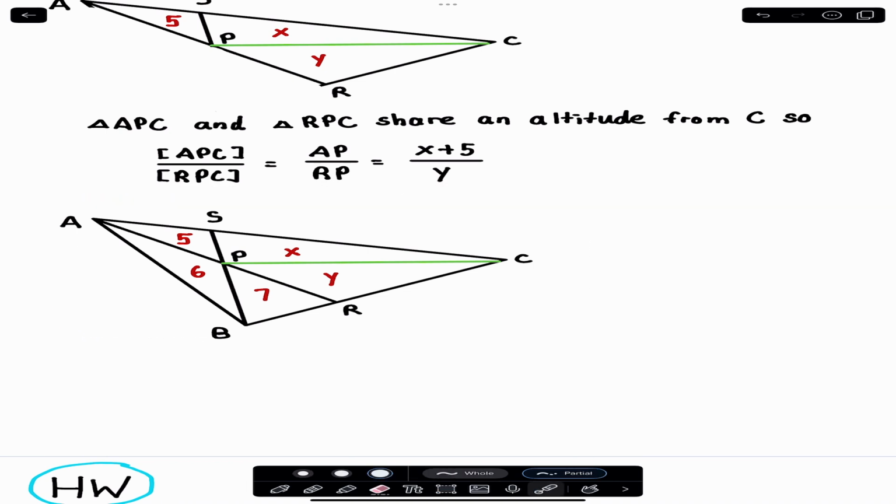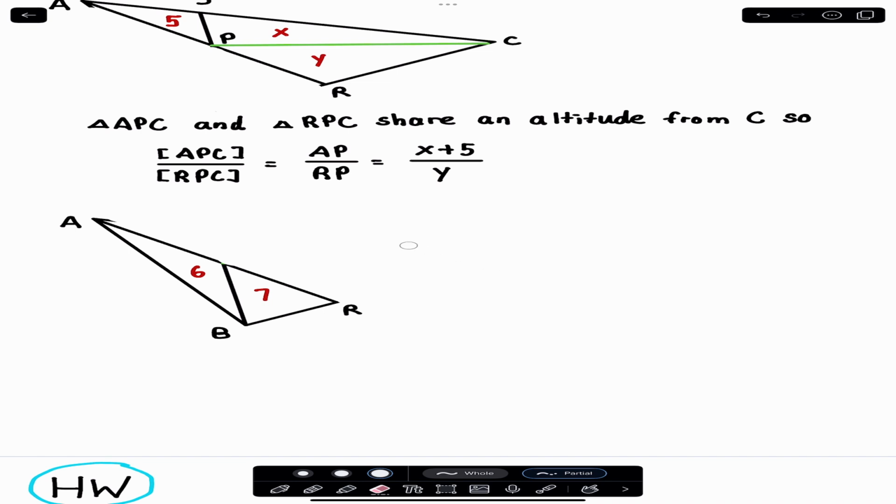To relate AP and RP, maybe we can use the 6 and the 7. So I hope you see how I'm thinking. There's always a method to this so that things end up nicely.